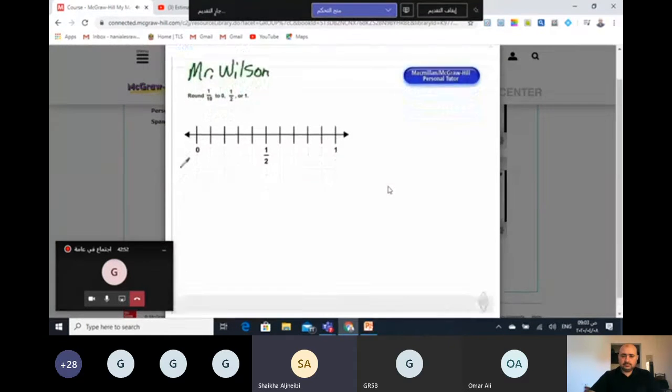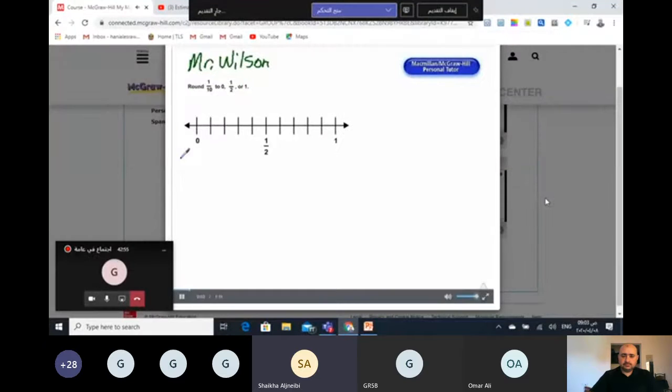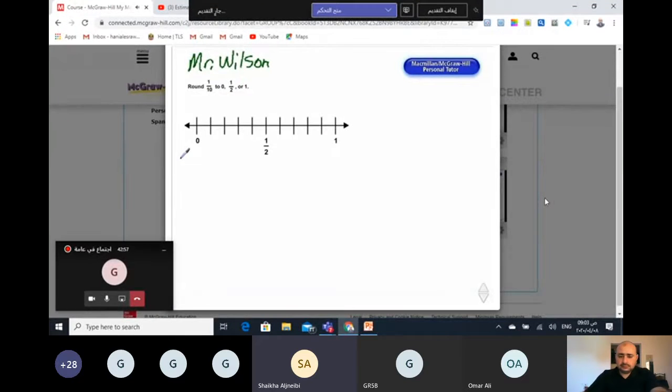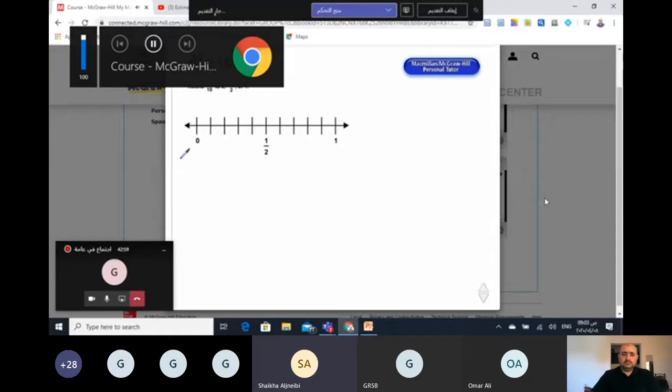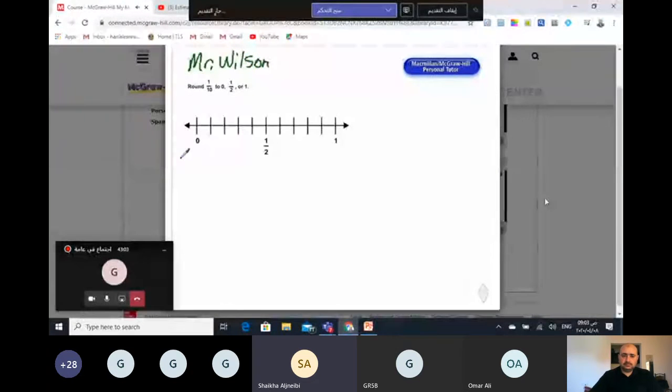This is Mr. Wilson. Round 1/10 to 0, 1/2, or 1. This number line is divided into 10 equal parts. This part would be 1/10.